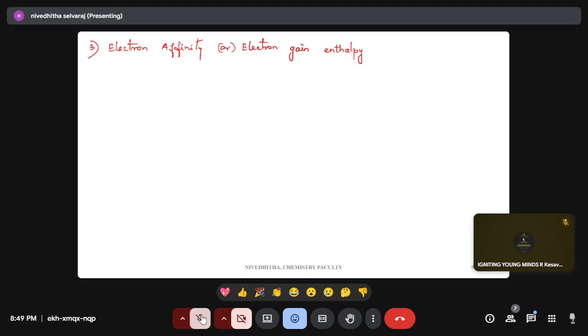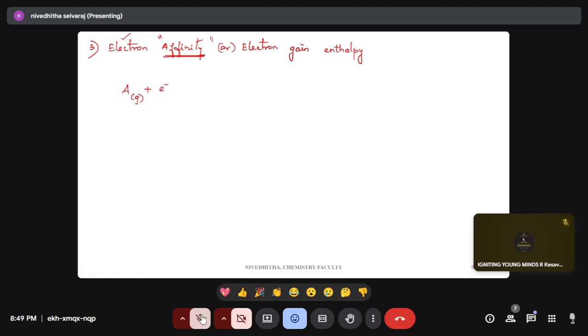What is electron affinity, or what is affinity basically? Affinity is nothing but attraction towards electron. Okay, I have an isolated gaseous atom to which I'm trying to add one electron.